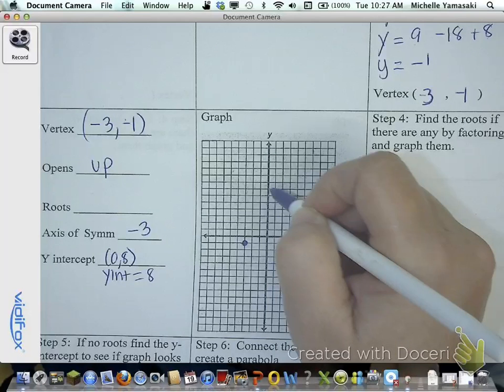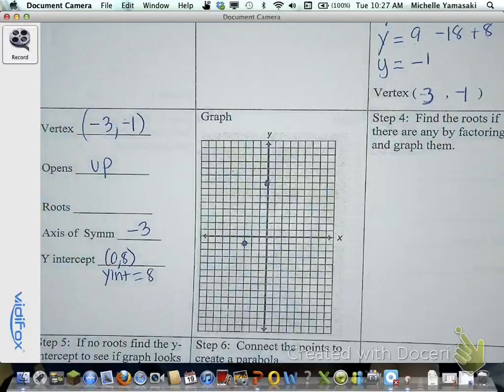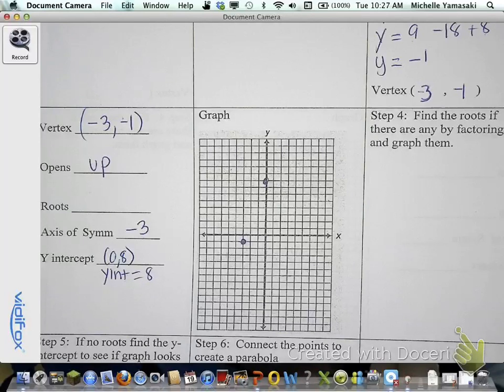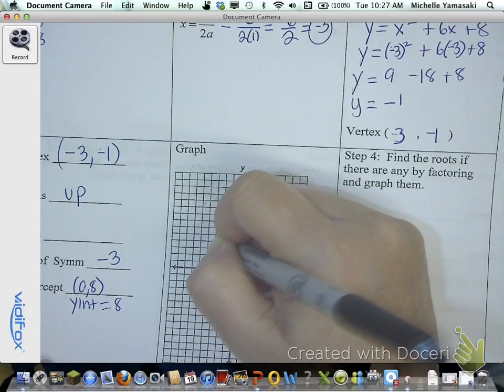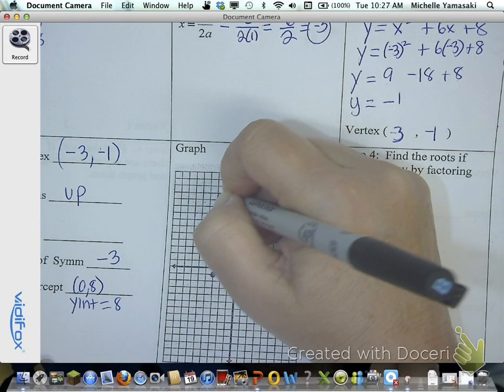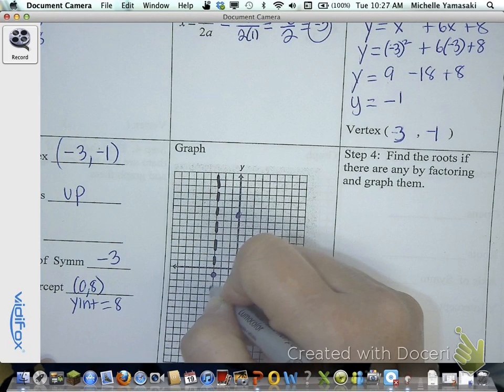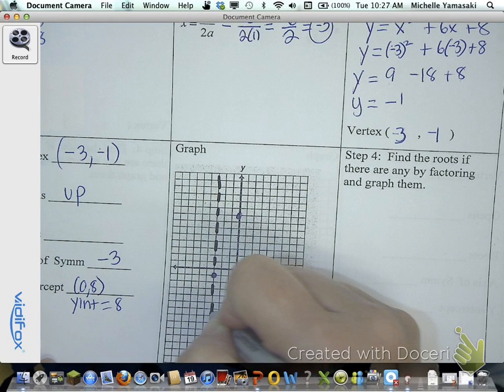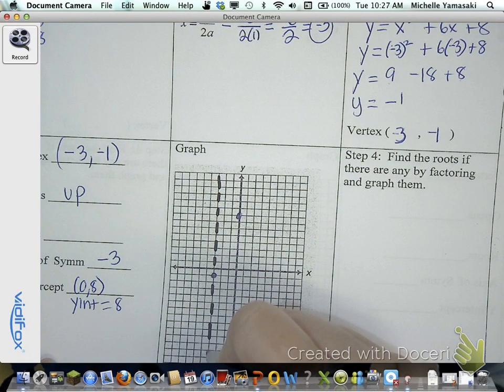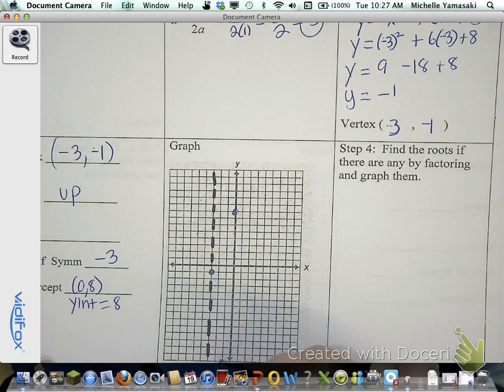Now, remember, we also have our axis of symmetry. What is that? Negative 3. So I'm going to draw, here's my axis of symmetry. Now that helps me to divide my parabola.